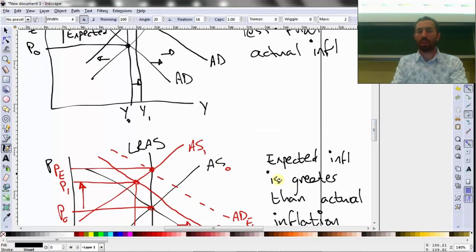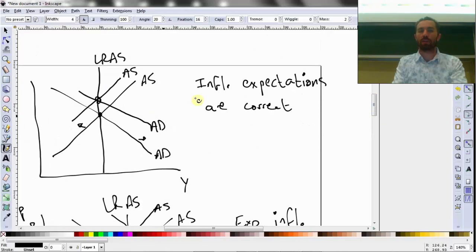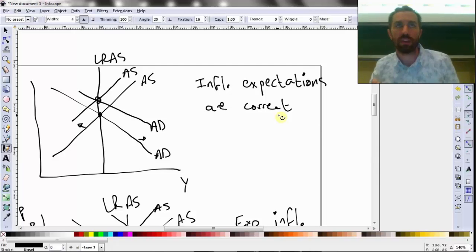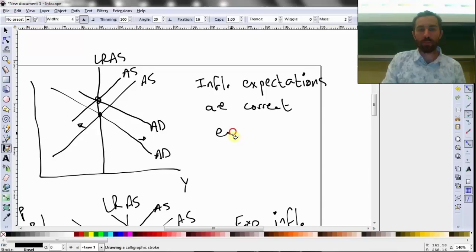Here we've got expected inflation greater than actual inflation. And our first example was where inflation expectations are correct. In other words, expected inflation equals actual inflation.